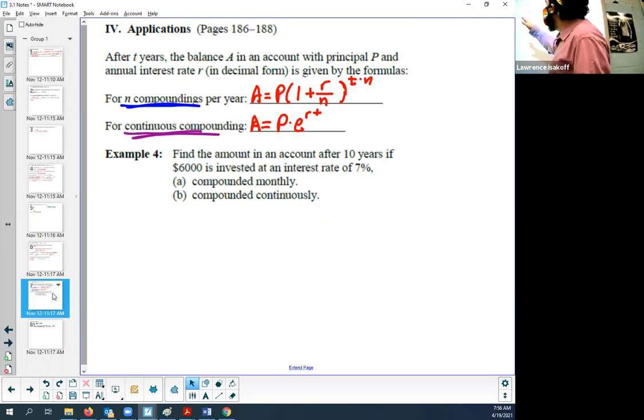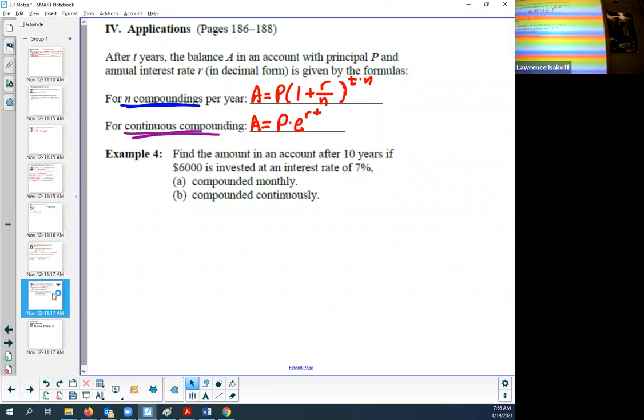So after t years, the balance A in an account given a principal, a starting amount, so here are our two functions. If we have compounding interest, we know the amount is equal to the principal, your investment, times the quantity 1 plus r over n, where r is our rate.